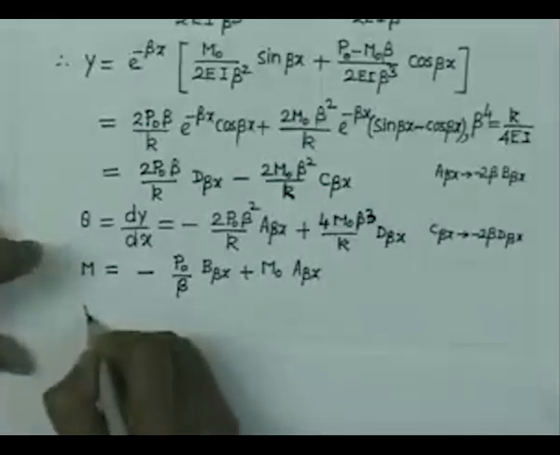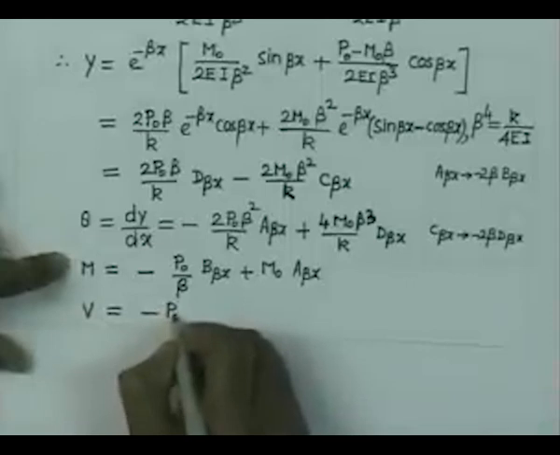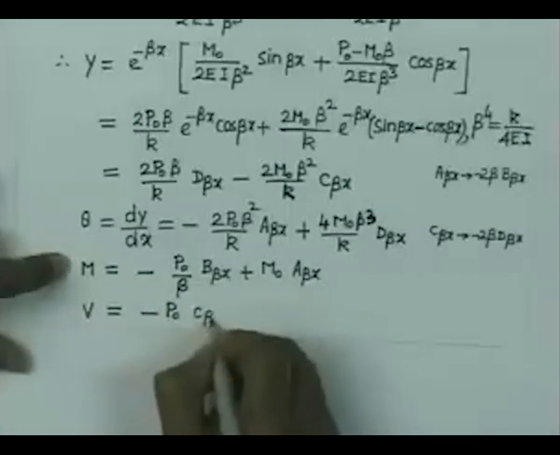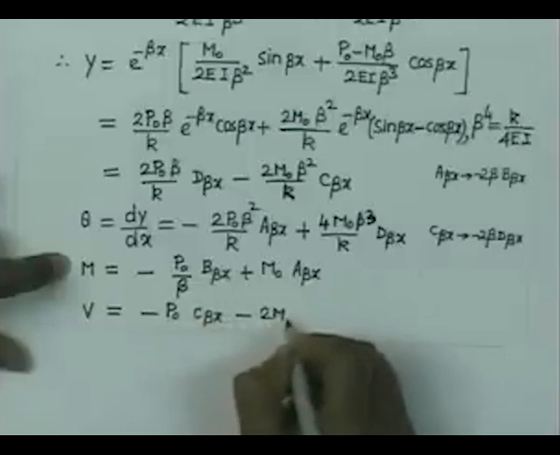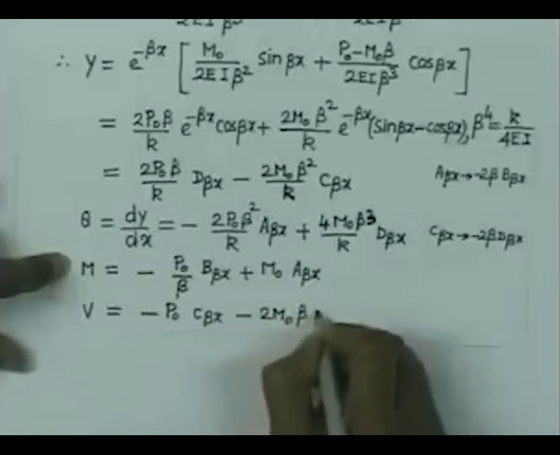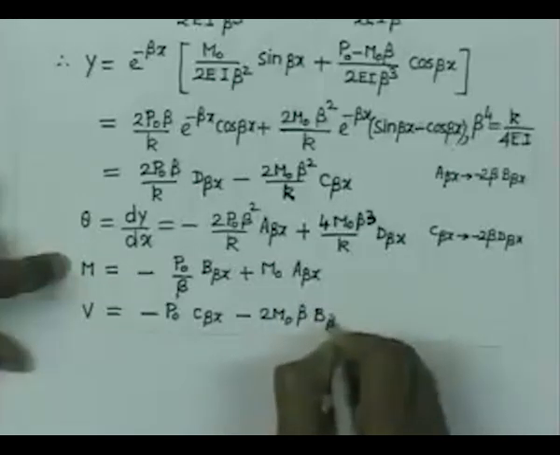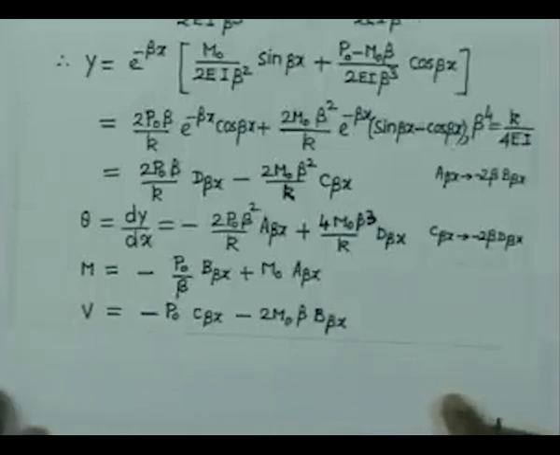Similarly, the shear force is nothing but P0 C beta x minus twice M0 beta into B beta x. So, these are the expressions for deflection, slope, bending moment and shear force.